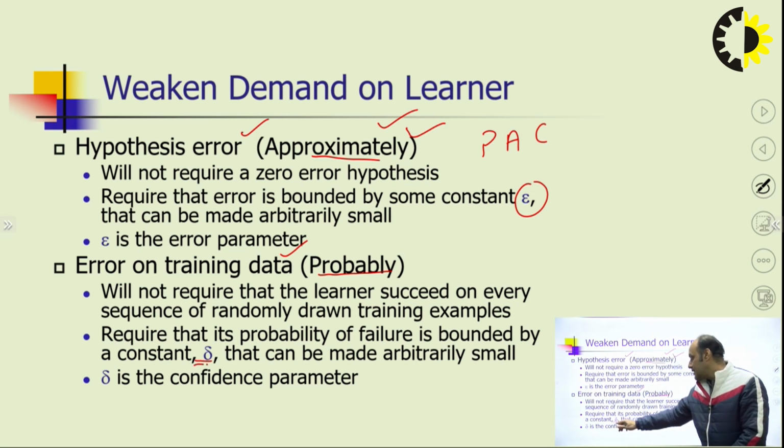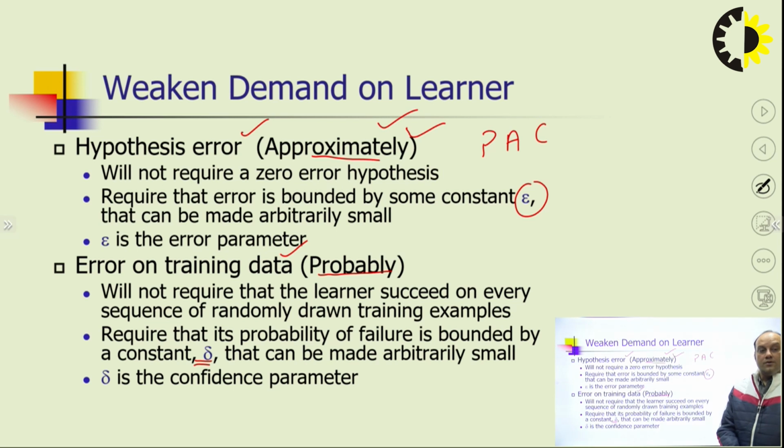This new term delta tells the probability of failure, which can be made arbitrarily small. The aim of the algorithm is to reduce this delta factor. Delta is defined as the confidence parameter.